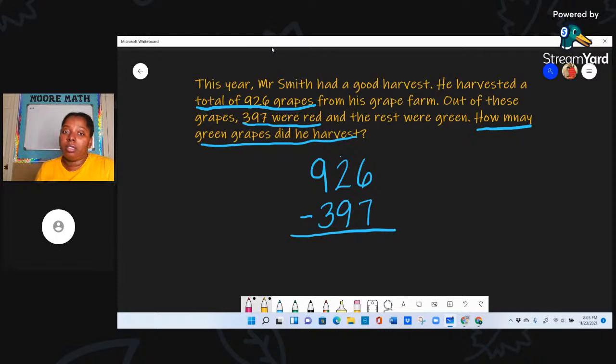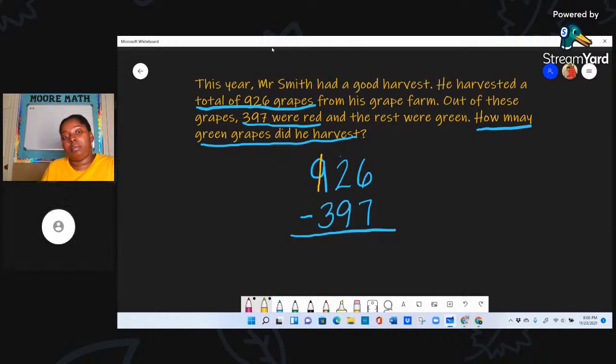Okay. We have to borrow from the 2, but the 2 doesn't have enough, so we have to borrow from the 9. Okay, keep going. The 2 has to borrow from the 9 to give to the 6. All right, so go ahead.